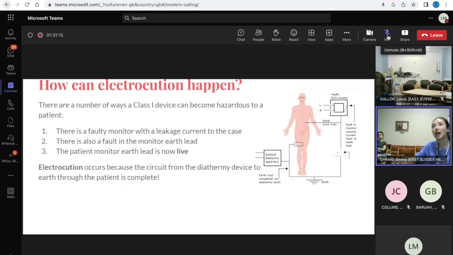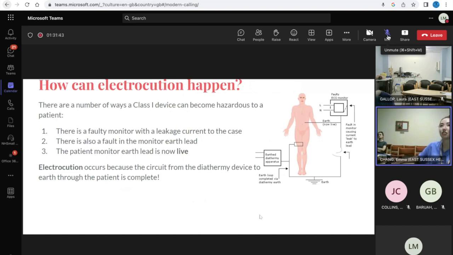So how can electrocution happen? Just moving back to class 1 devices, there were 3 different safety precautions. So all 3 would have to go down in order for you to be electrocuted. So you have a faulty monitor with a leakage current to the case, a fault in the monitor earth lead, and the combination of those means that the earth lead would then become live.